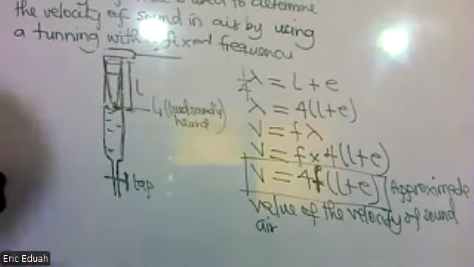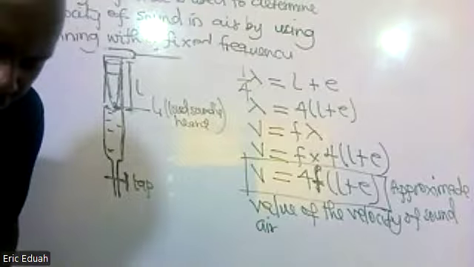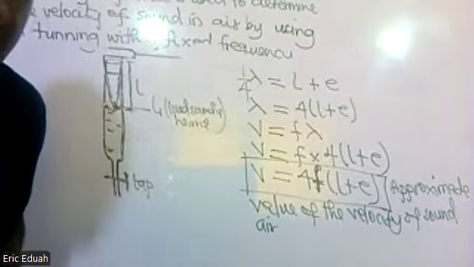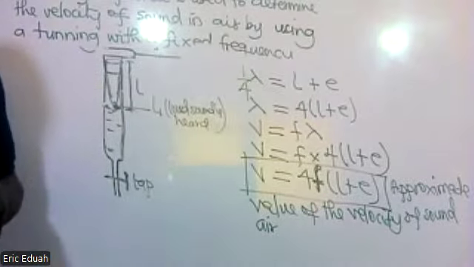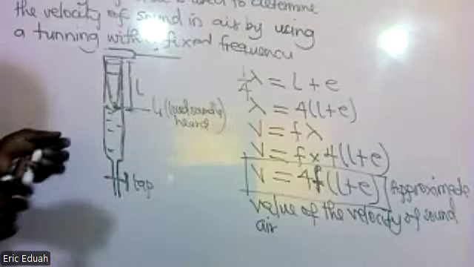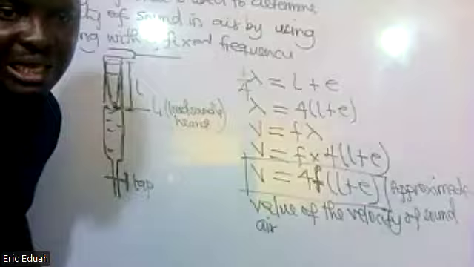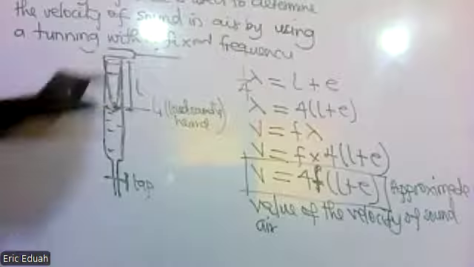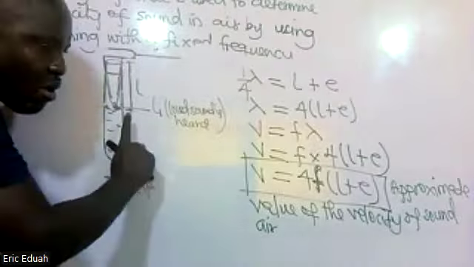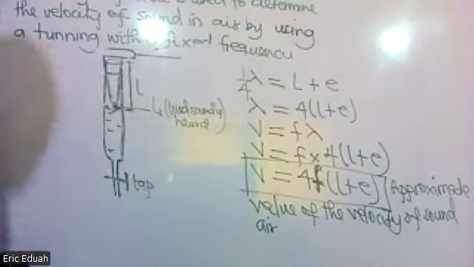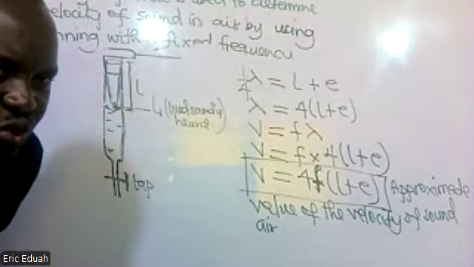Now, you can have more than one resonance position, meaning that as you adjust the water level, adjusting the air column within the pipe, there can be more than one position where resonance will be heard.